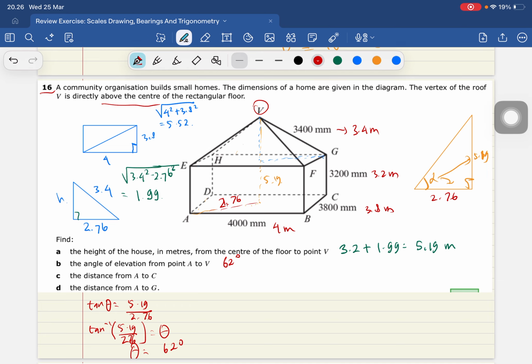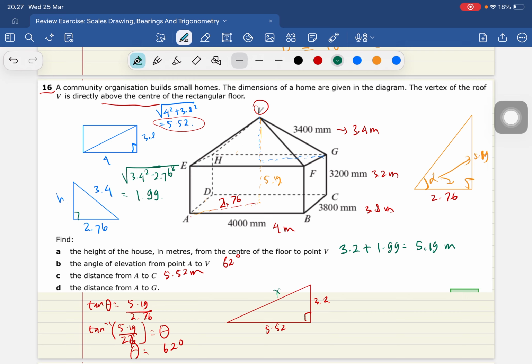We need to find the distance of AC. AC is the diagonal, so we use the same diagonal. So A to C is 5.52 meters. Now the distance of A to G. We got the right angle, we can illustrate. Here is 3.2, then this is 5.52. As this is a right angle, we can go for the Pythagoras theorem.